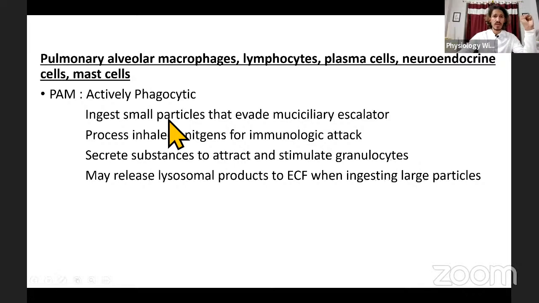Okay, then all of these, if you study your immunology, will start making a little more sense. They process certain antigens, secrete substances which help attract more immune cells. Okay, and not only by ingesting, they can also release certain lysosomal products outside to damage certain substances.